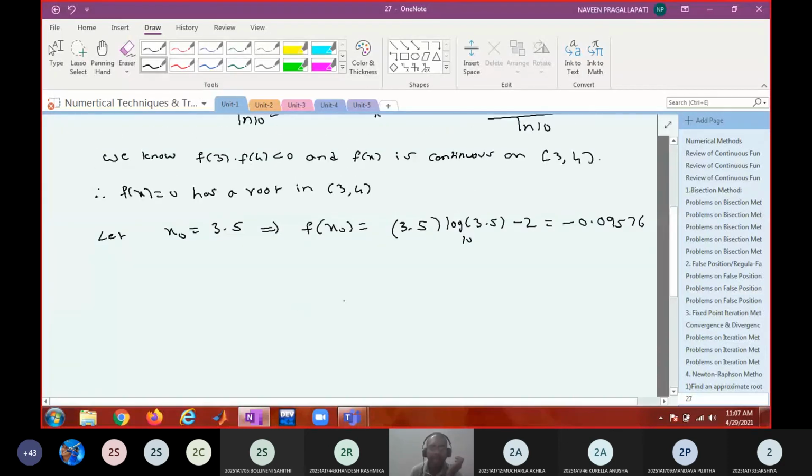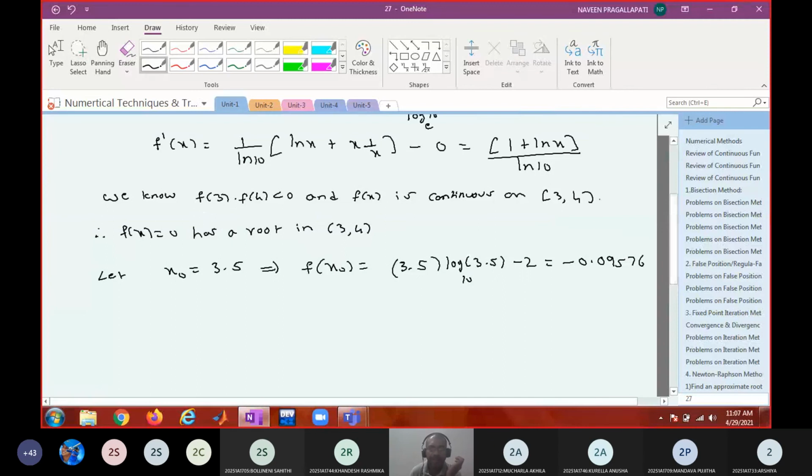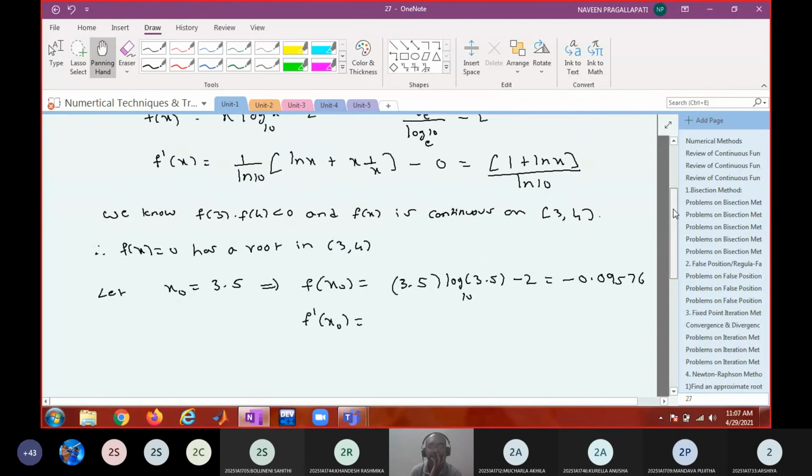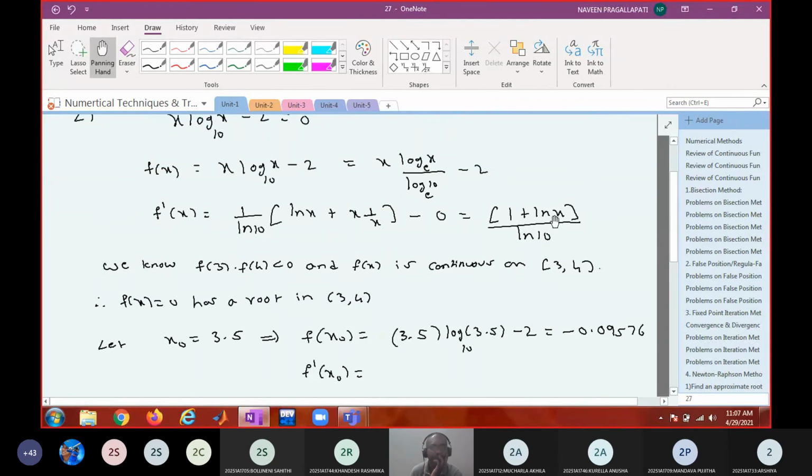Similarly, find out f dash of x naught. For this you have to use the ln button. For f of x you will be using the LOG button, but for f dash of x you will be using the ln button.